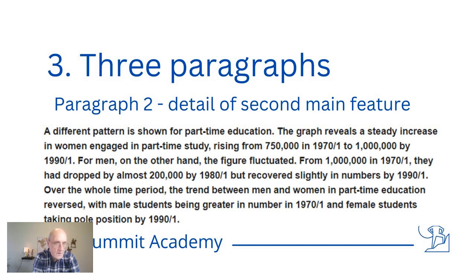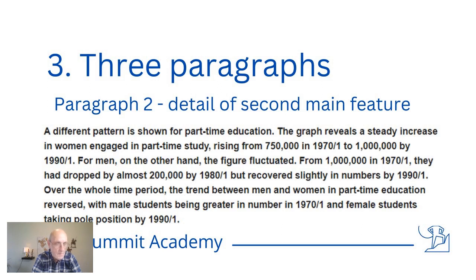But over the whole time period, okay, the trend between men and women in part-time education reversed, male students being greater in number in 1970, and female students taking pole position by 1991, which means the pole position means the highest and fastest growing position.